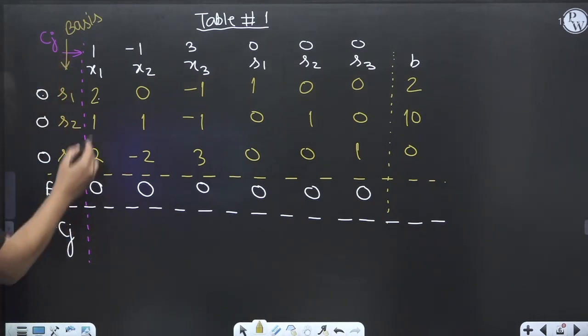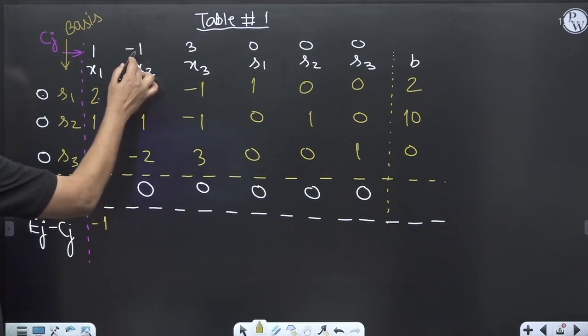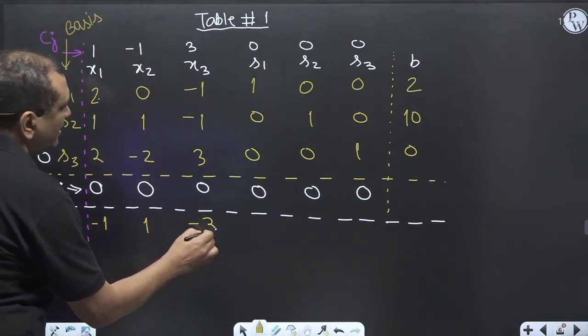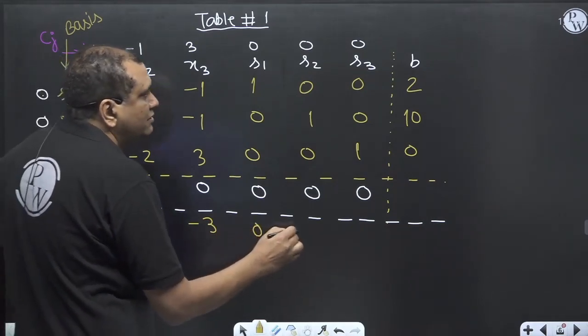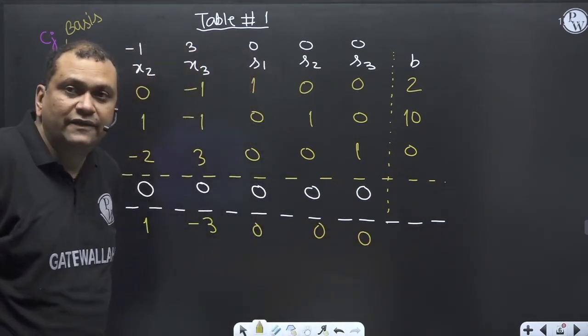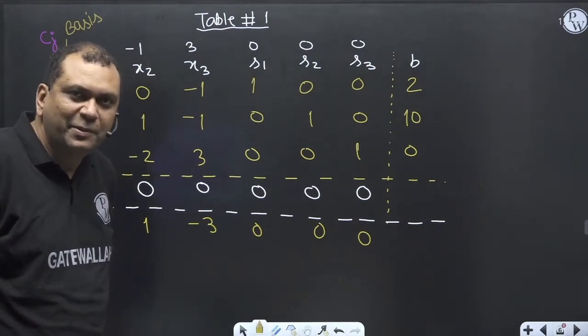So 0 minus 1 is minus 1. 0 minus minus 1 is plus 1. Minus 3, 0, 0.